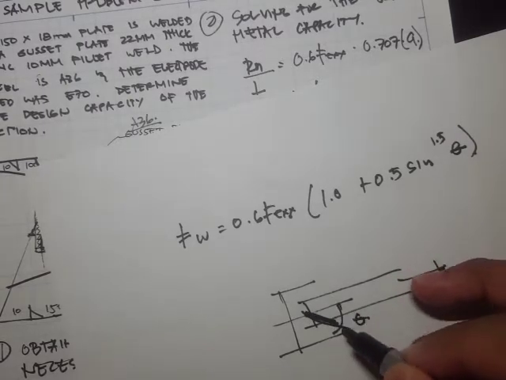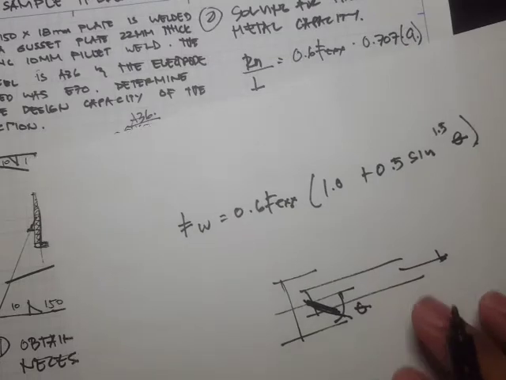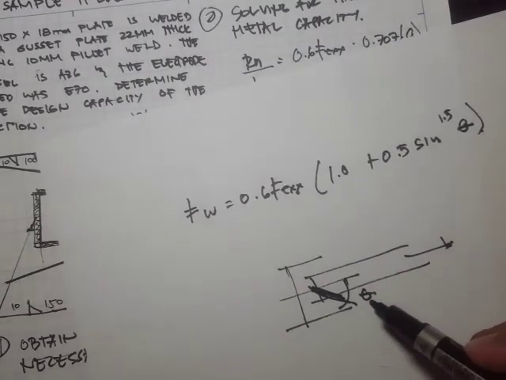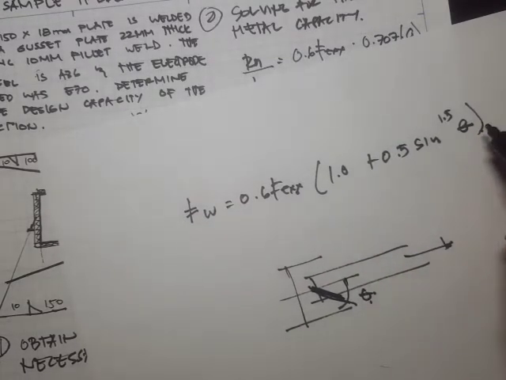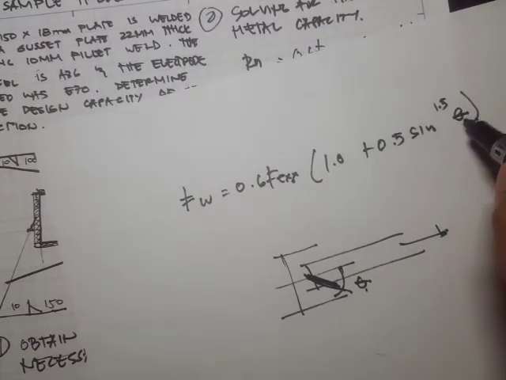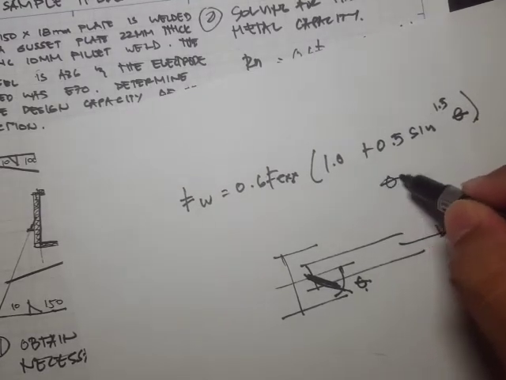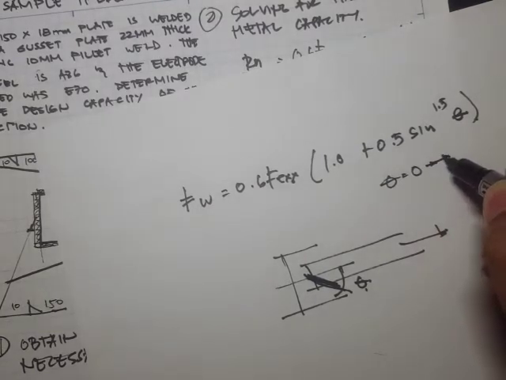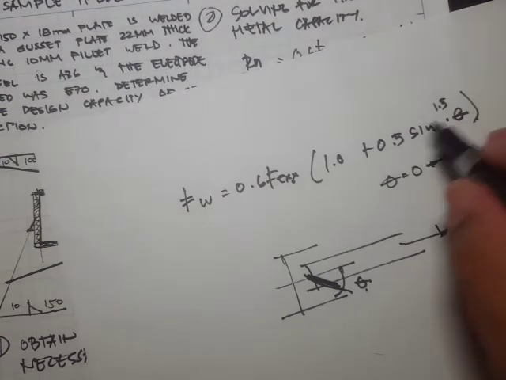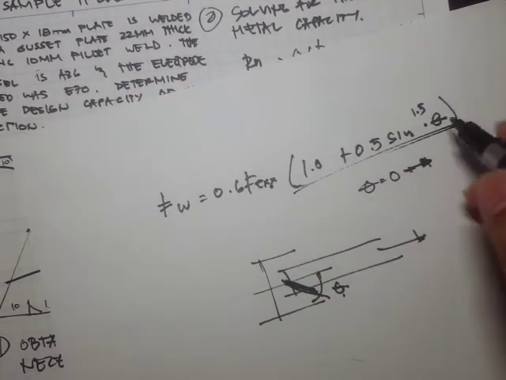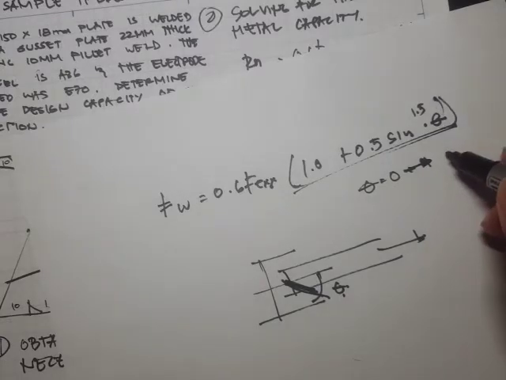If you have a value of, let's say, 0 degrees, then sine 0 is 0, and inside the parentheses you have a value of 1.